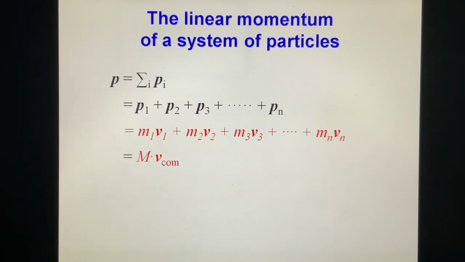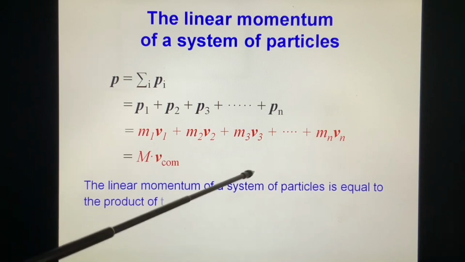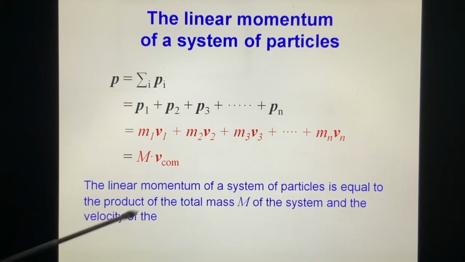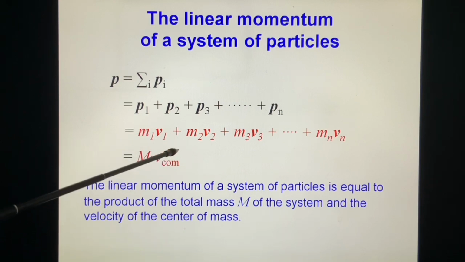So the total linear momentum of the system equals the total mass times v_com. Conclusion: the linear momentum of a system of particles is equal to the product of the total mass M and the velocity of the center of mass. This is the one.